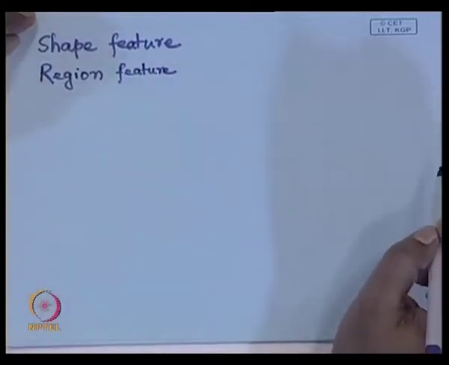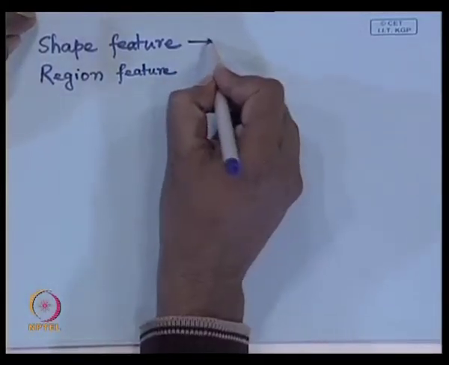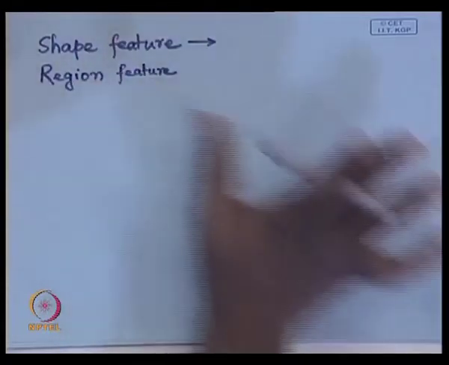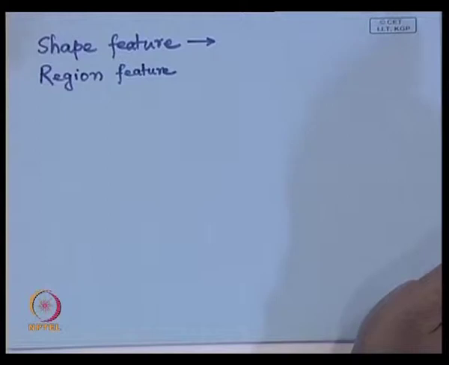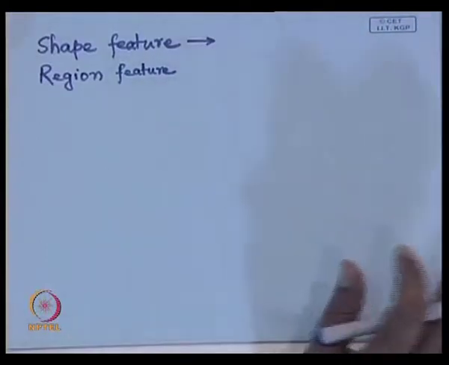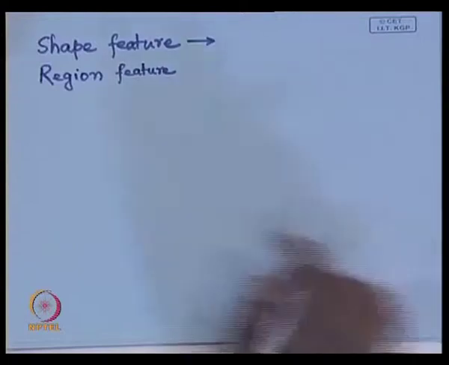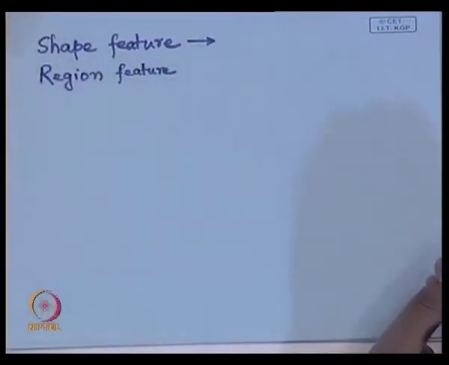The shape feature simply tells you what the shape of the object is, whether it is a rectangle, a square, a circle, an ellipse and so on, or whether it has some arbitrary boundary.